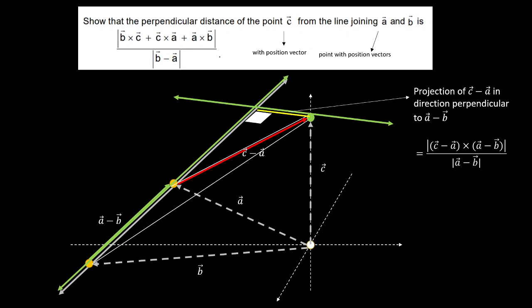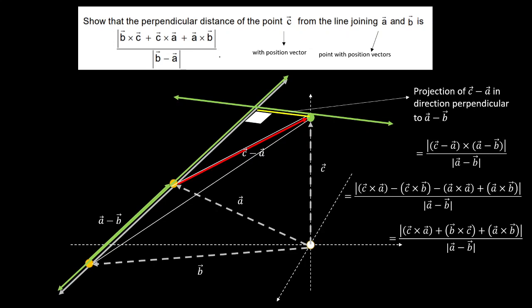So then you can just solve this expression and you can prove that the proposition is correct, and hence you have the solution. So I would like to emphasize, many times you can use this thing, the projection of a vector on a direction perpendicular to another vector, to simplify your calculations. Thank you for watching.